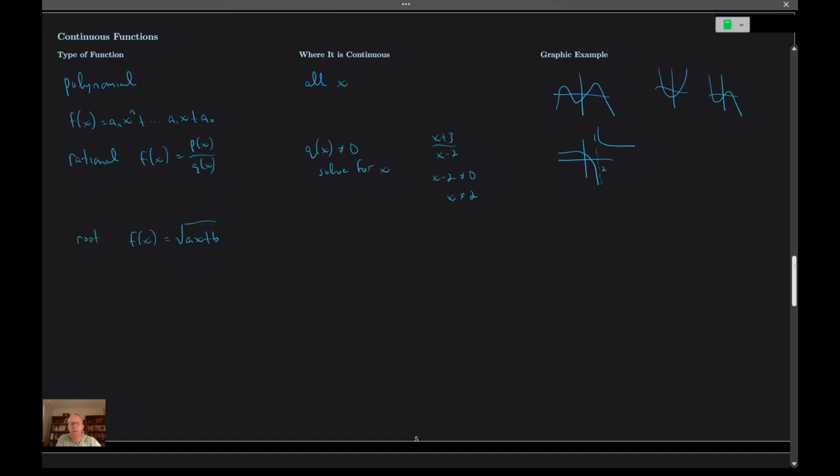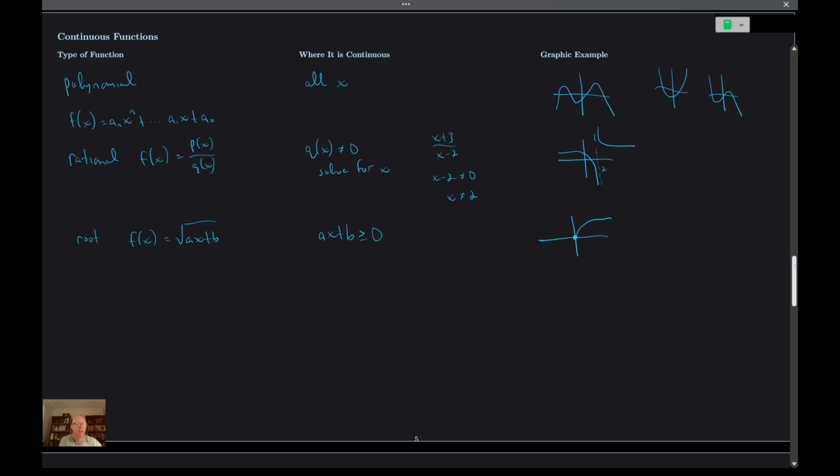So whatever is under the square root has to be greater than or equal to 0. Just the basic square root function looks like this. Of course, depending on what's under it, we're going to move it around to change the shape. But when you're finding where this is continuous, whatever is under the root has to be greater than or equal to 0.